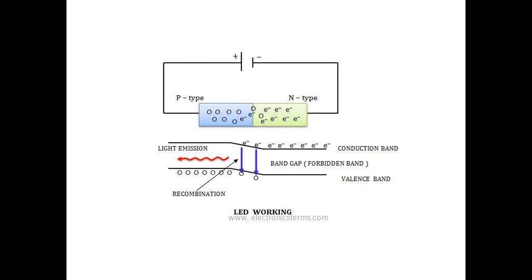When it is forward biased, the p-type is connected to positive and the negative charge is connected to the n-type. There is a repulsion force between the same charges, and opposite charges attract. So they have to move in this direction, the repulsion force pushes this side, so the electrons try to move towards this side, and the holes try to move to the other side.